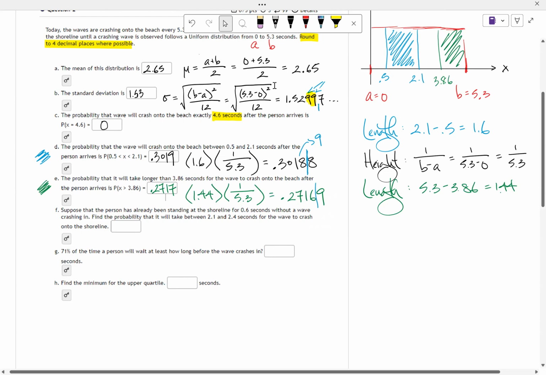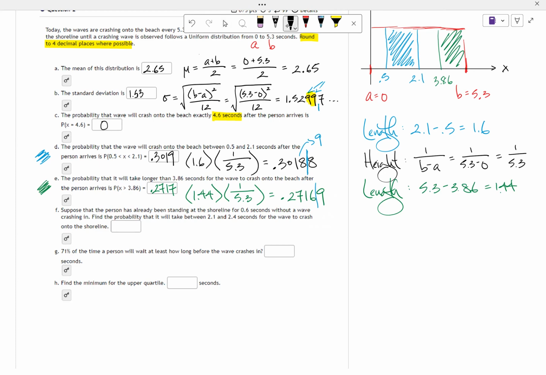Okay. So F says, suppose that the person has already been standing at the shoreline for 0.6 seconds without a wave crashing in. Find the probability that it will take between 2.1 and 2.4 seconds for the wave to crash onto the shoreline.